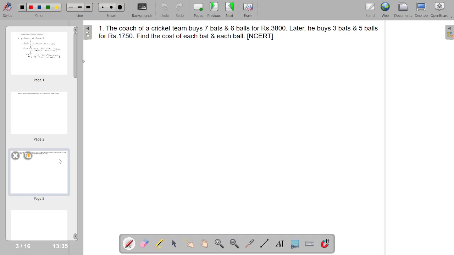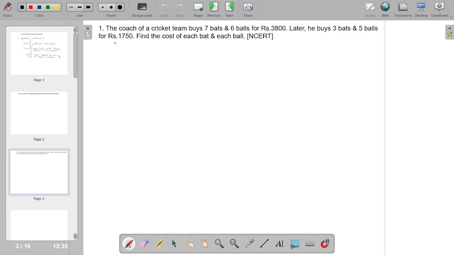This is our problem 1, and this problem has been derived from the NCERT book. So what is the problem? The coach of a cricket team buys 7 bats and 6 balls for 3,800 rupees. Later he buys 3 bats and 5 balls for 1750 rupees. Find the cost of each bat and each ball.